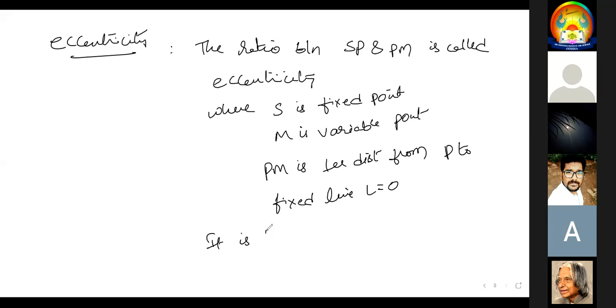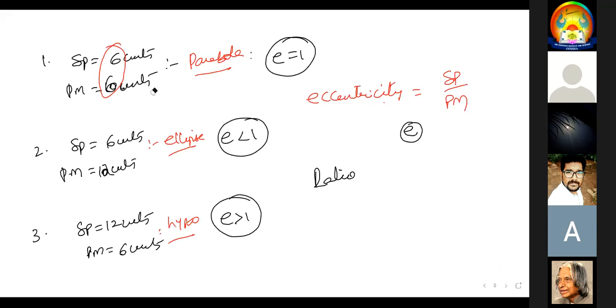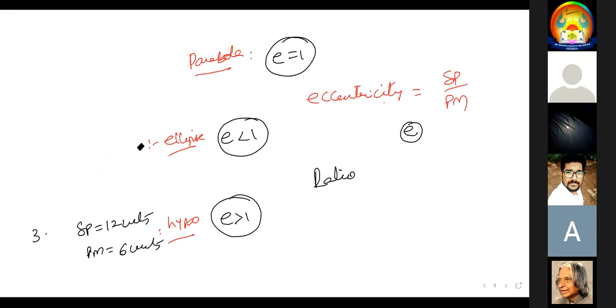It is denoted with E. For the parabola, eccentricity is 1. For the ellipse, eccentricity is less than 1. For the hyperbola, eccentricity is greater than 1.